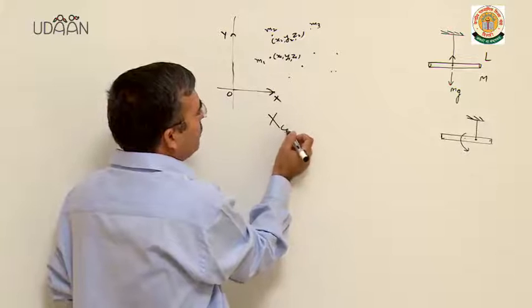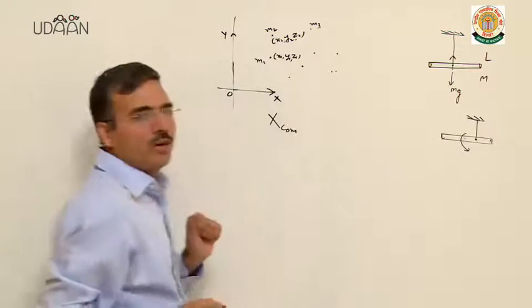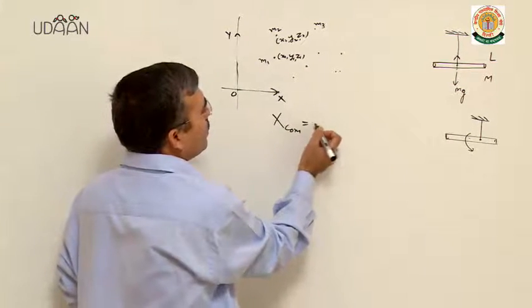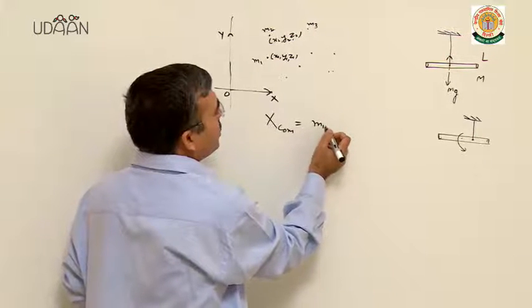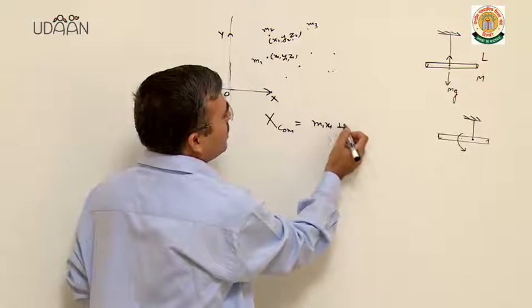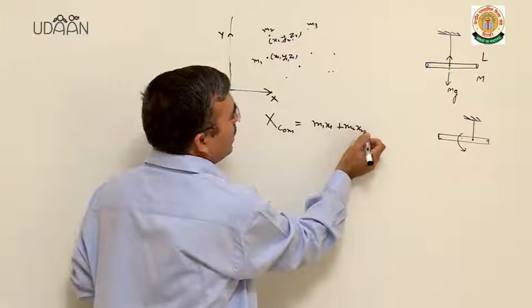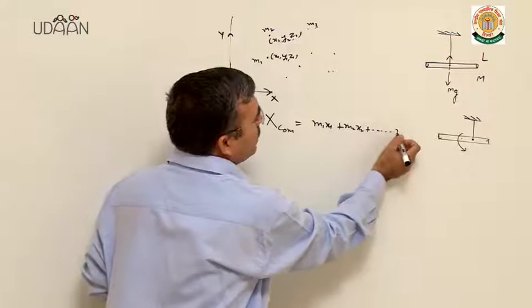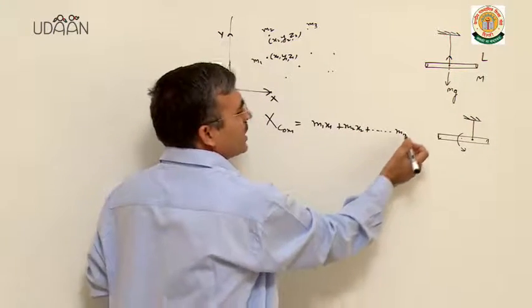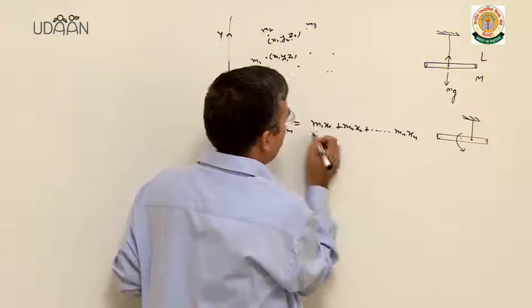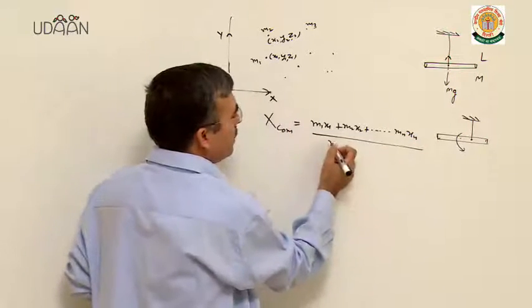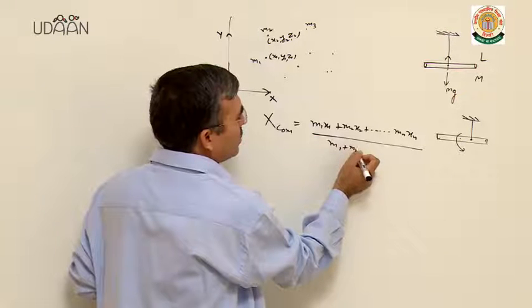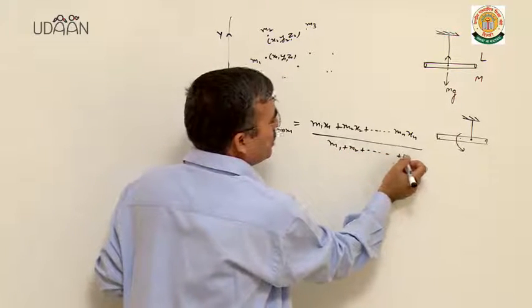So the x coordinate of the COM is given by the relation m1 x1 plus m2 x2 plus and so on up to mn xn, divided by the total mass of the system.